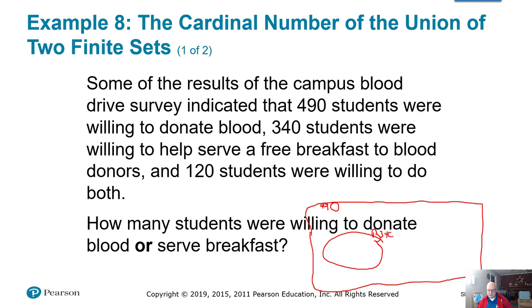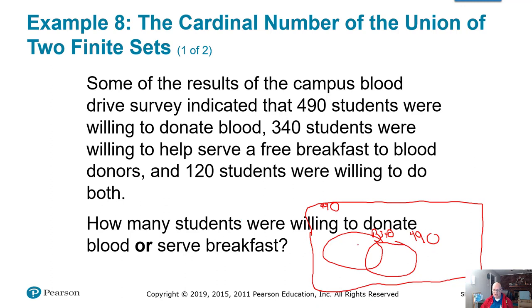I'm not good with a mouse like that. 340 students. So B has 340 students, the breakfast ones, and 490 all together. So how many students were willing to serve blood or breakfast?